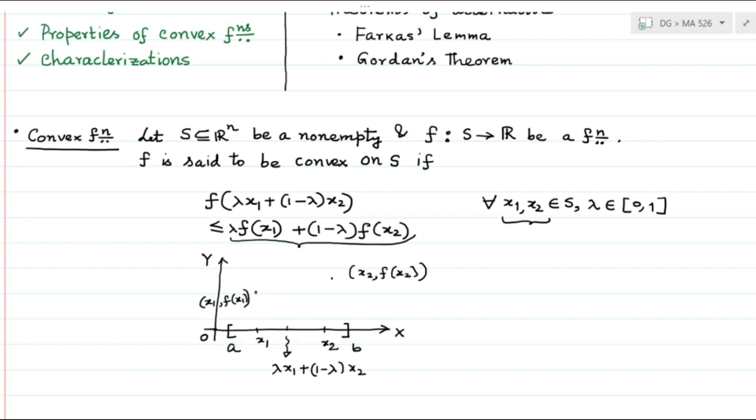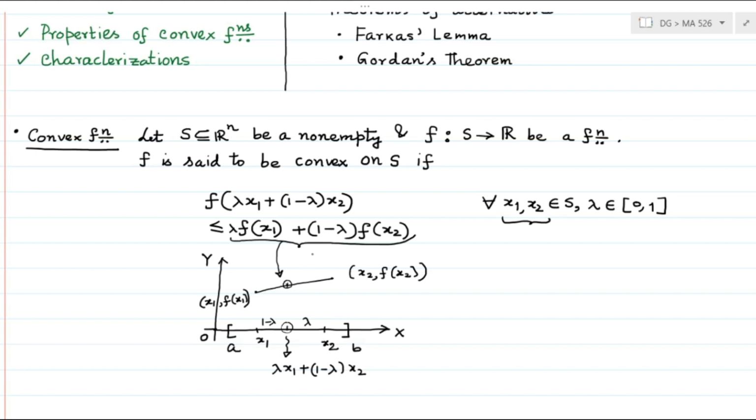Now you consider the chord joining these 2 points. As this graph is a line segment, this particular point has x coordinate lambda x1 plus 1 minus lambda x2, and at this point the function value is lambda f(x1) plus 1 minus lambda f(x2).